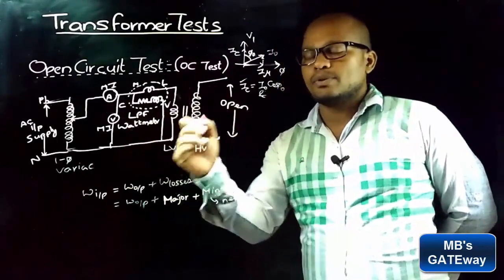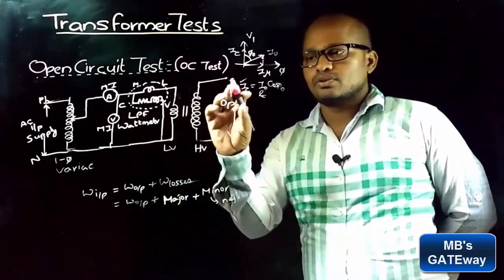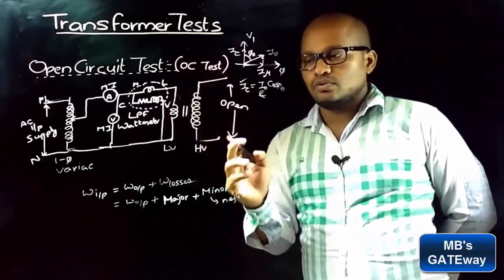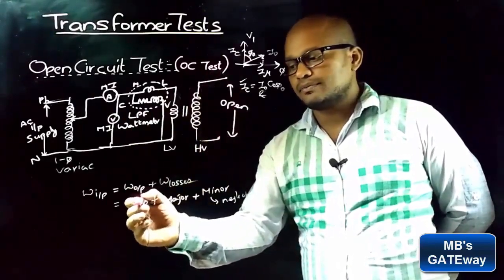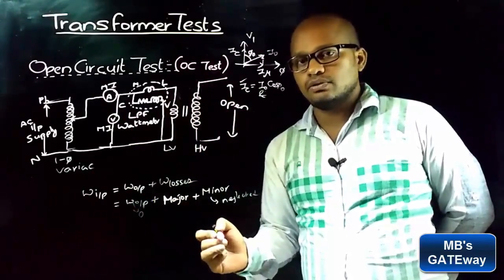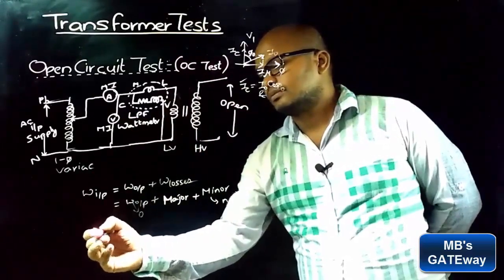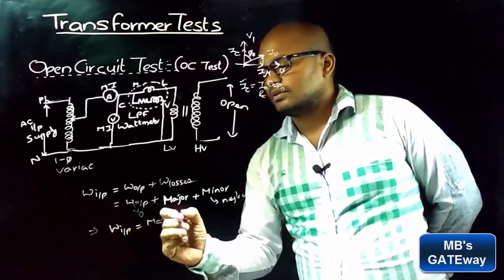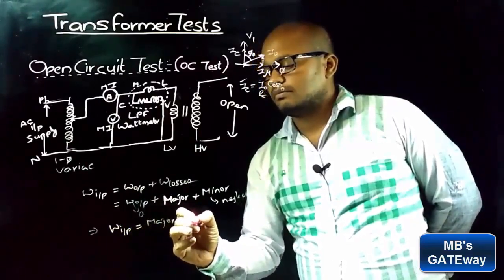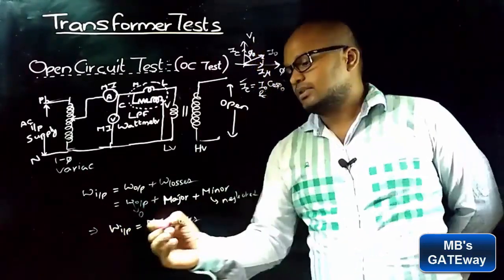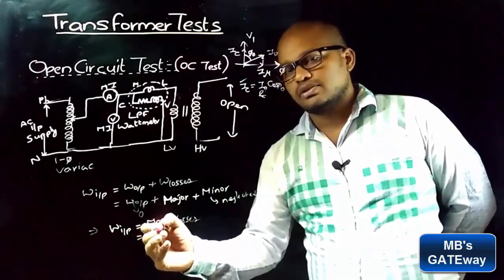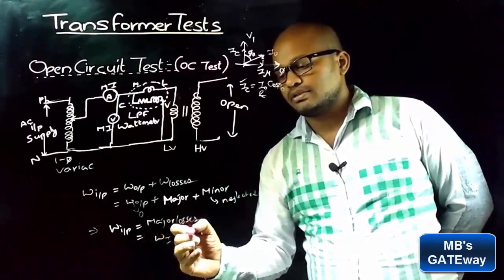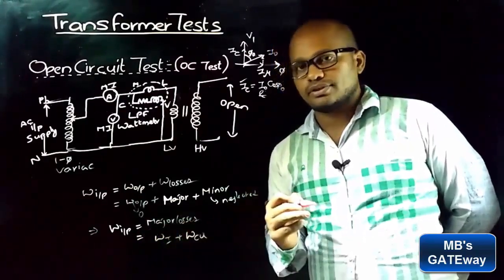And as this open circuit test is no load test, so output power is 0 because current I is 0, which means that output power is 0. Therefore, input power is equal to major losses, and major losses in the transformer are iron losses and copper losses.